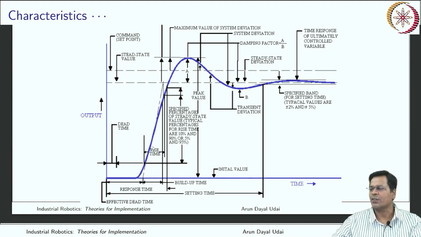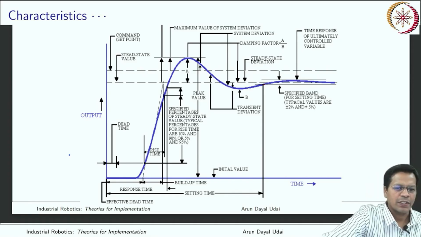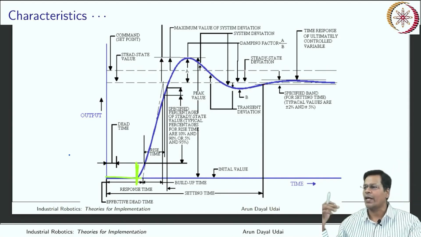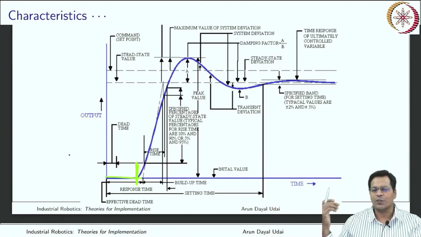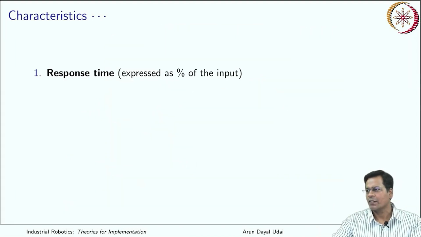After that your device actually started going up. This is the time it took to start giving you some value at least. Initially it was giving you a 0 value, later on it picked up and gave you some value.